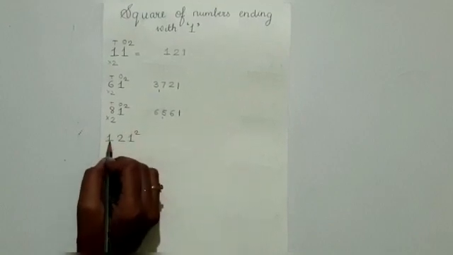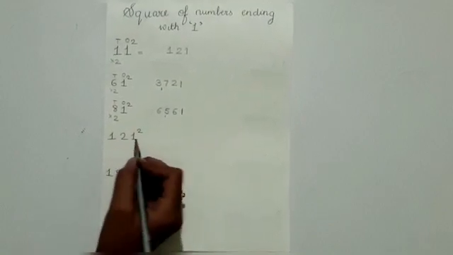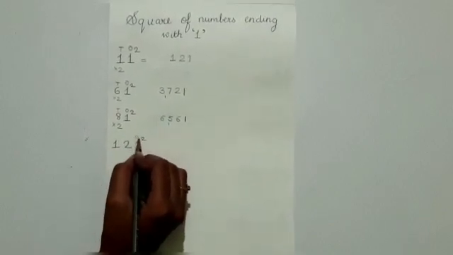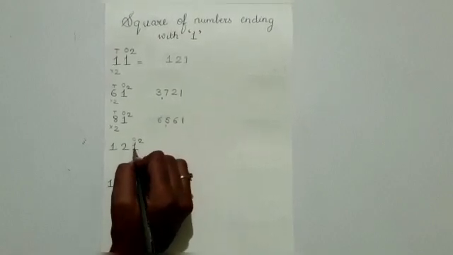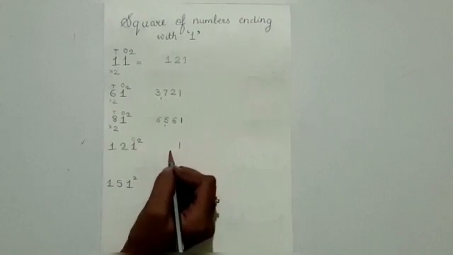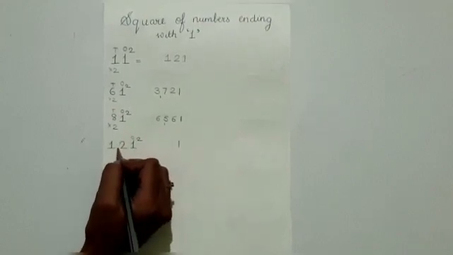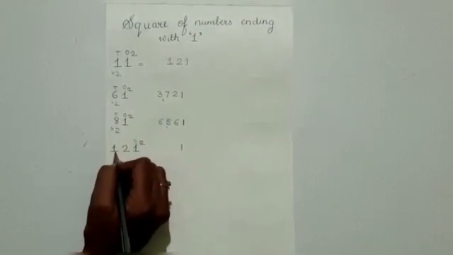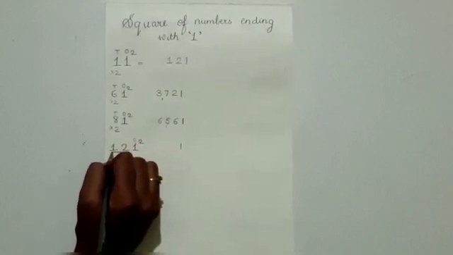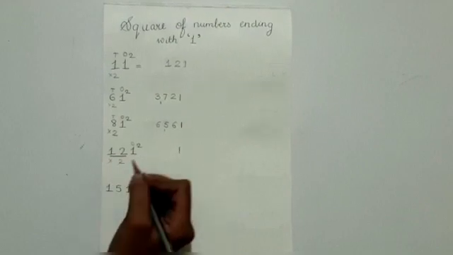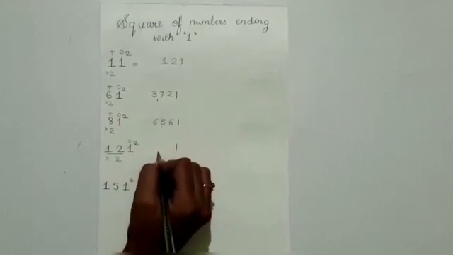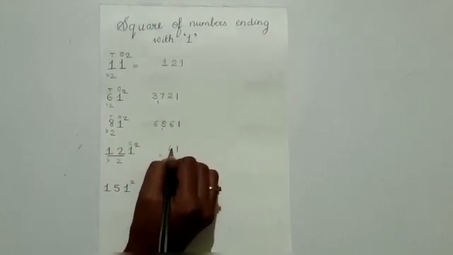The next number we have is 121 square. So first step is the number in the ones place, which is 1, we'll take a square of that number. So 1 square is 1. Second step is the number in the tens place, we have to multiply it by 2. But we have two numbers here, so we'll take them together. So 12 multiplied by 2 is 24. So 24, here 2 I'll carry to the next number and 4 I'll write over here.